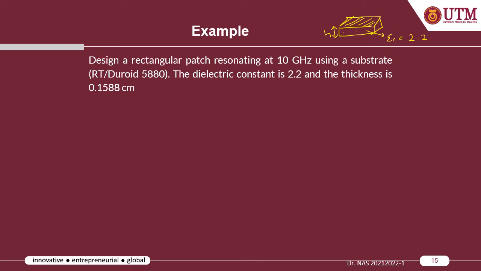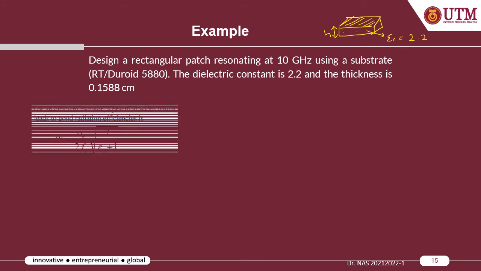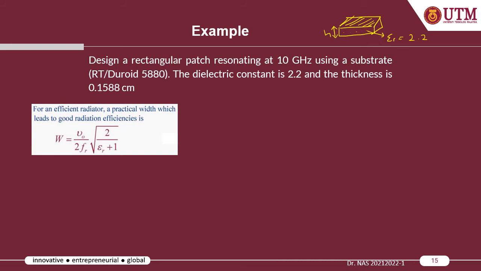Right. The first step is to determine W. So from the equation given, W equals V0, the free space velocity of light, over 2 fr, times the square root of 2 divided by epsilon r plus 1.